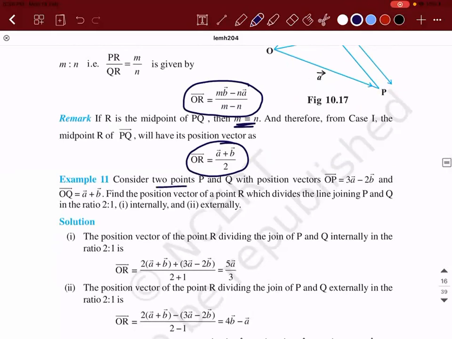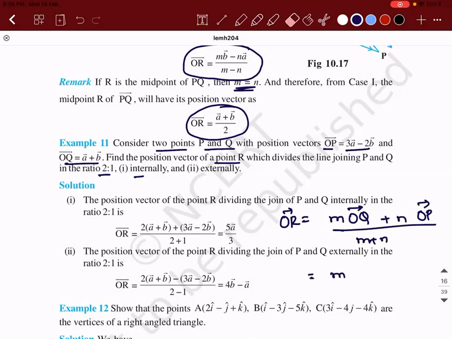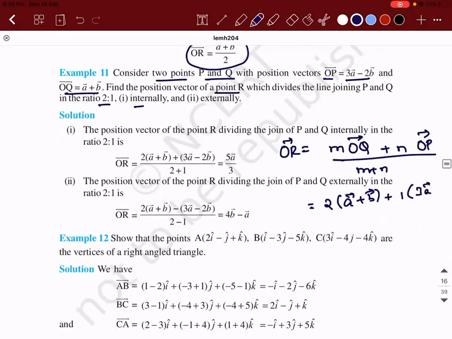Now see, consider 2 points P and Q with the position vector OP vector as this and OQ vector as this. Find the position vector of a point R which divides the line joining P and Q in the ratio 2:1 internally. Then OR vector is equal to M into OQ vector, final, plus N into OP vector, that is initial, divided by M plus N. So M is 2. 2 into A vector plus B vector plus N is 1 into OP vector, that is 3A vector minus 2B vector, the whole divided by 2 plus 1.